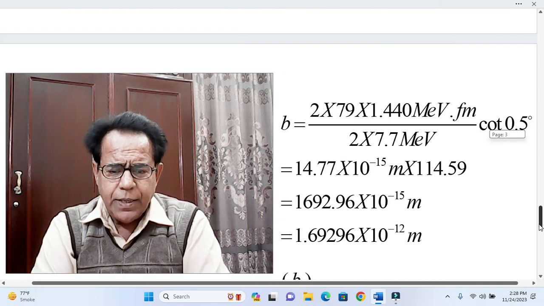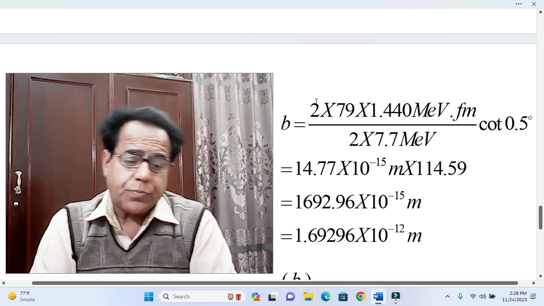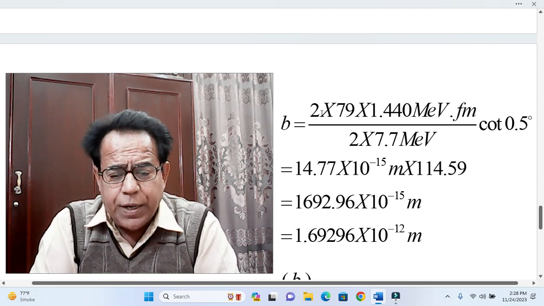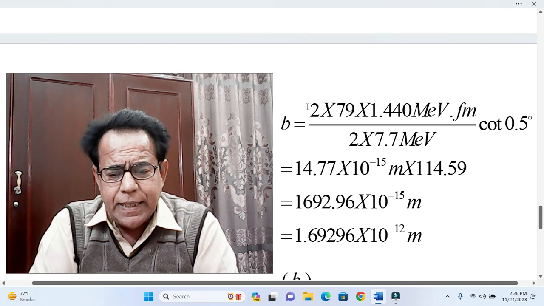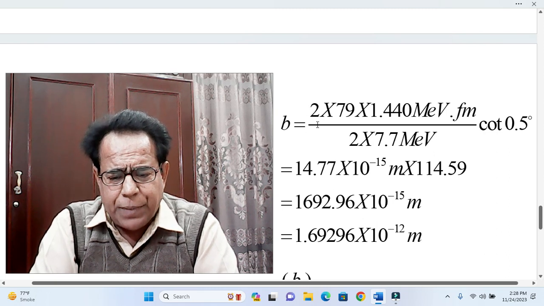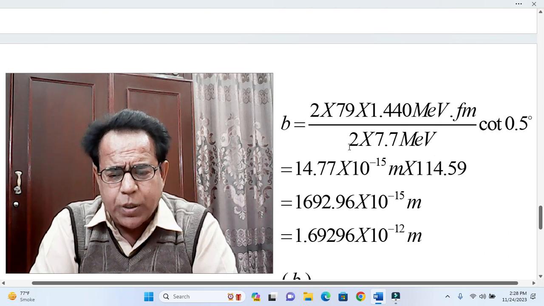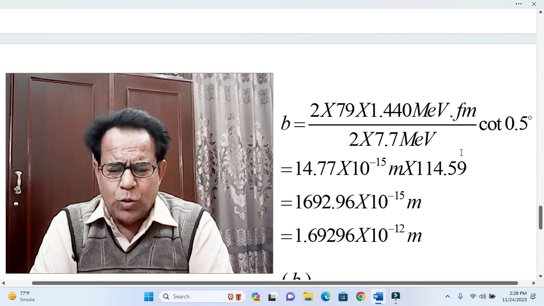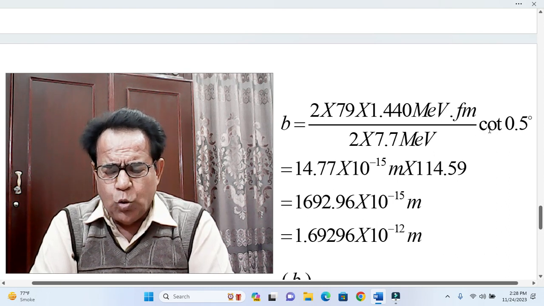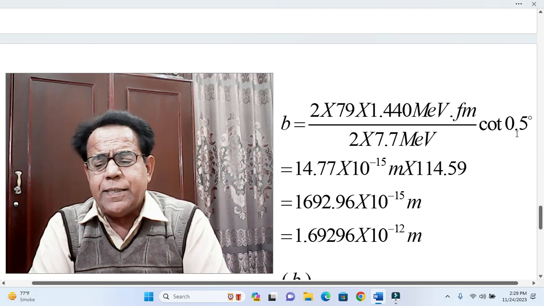This 2 is for alpha particle, the number of protons in helium nucleus, alpha particle, while the other 2 is of the formula. Actually both these will be cancelled. Moreover, this will become cot 0.5.